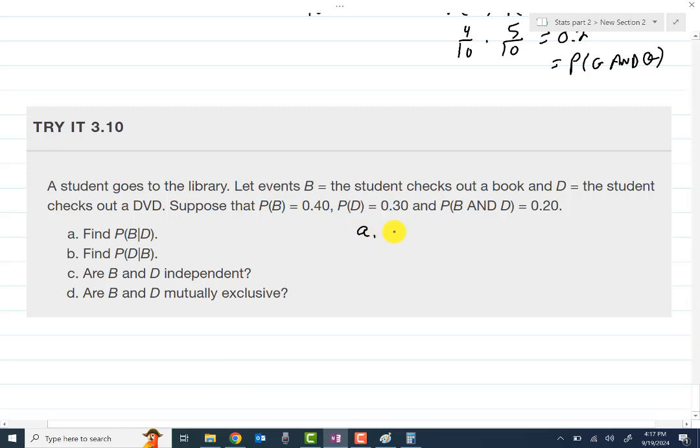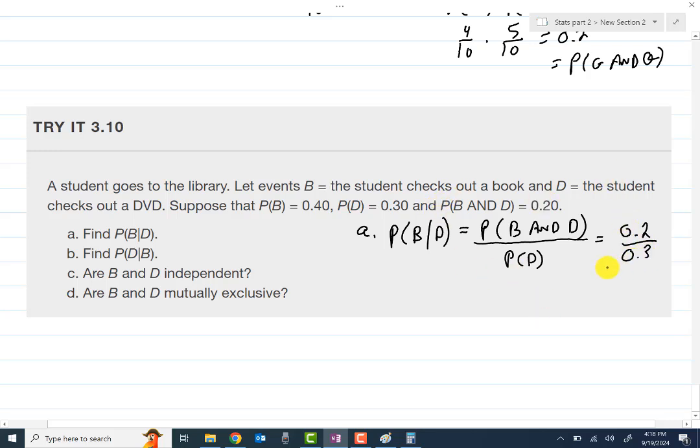We'll start with A. I want the probability of B given D. So you know that this is the probability of B and D divided by the probability of D. Now they give us B and D is 0.2, and the probability of D is 0.3. I know this one. This is going to be 0.6, and the 6's will go on forever.